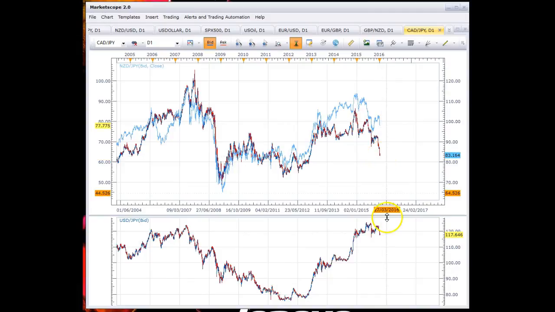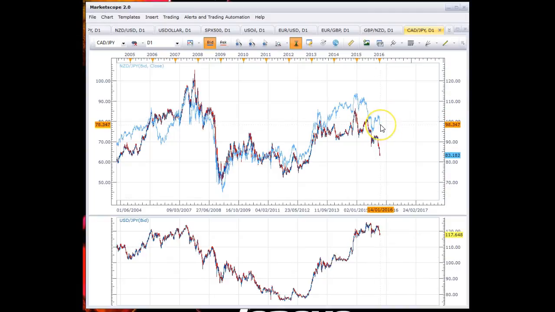So the CAD yen, for example, is at 83, but if you saw this as your target, say 73, that's 1,000 pips. Now, 1,000 pips is a fair drop. So it's not as big a potential as the dollar yen, which would be a massive move worth 2,000, 3,000, 4,000 pips potentially.